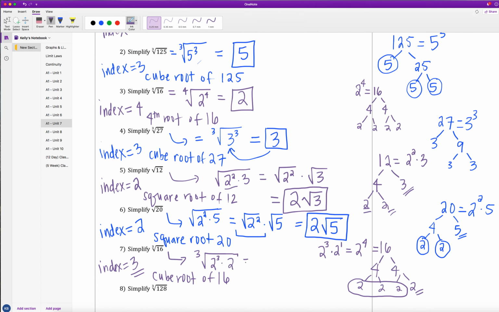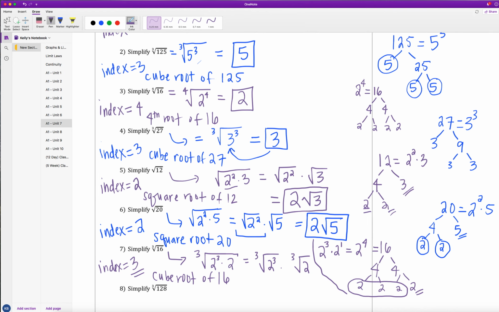Again, I want to break this apart. So I end up with the cube root of 2 to the 3rd times the cube root of 2 to the 1st. I'm going to draw a line there so we're not getting the factor tree in our work mixed up. But we're able to do this because 16 can be factored into 2 to the 3rd times 2, and then we broke apart the cube root from there.